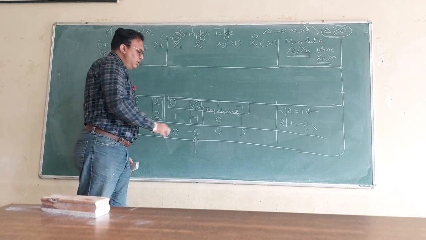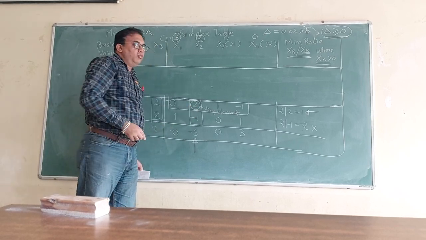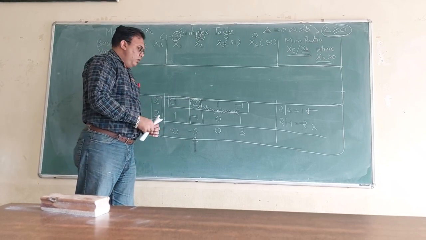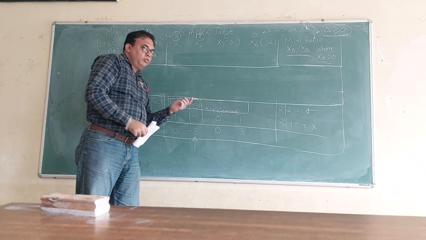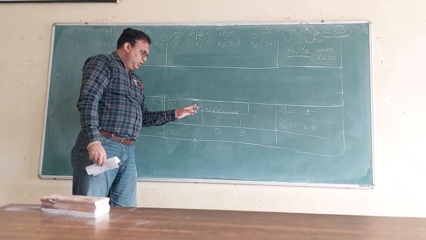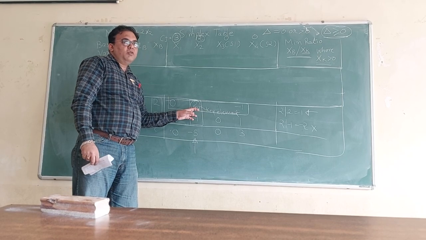But before that, in this case, the 1 value is not there. This is 2. So first of all, we have to convert this 2 into 1. Keep it in mind, right? This 2 is converted into 1.